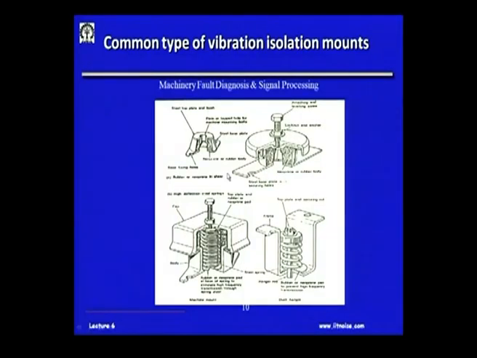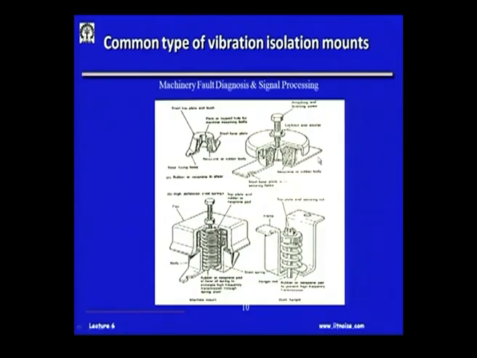Coming back to this figure here, this is how the internal structure of a vibration isolator looks. This is a steel base plate, and here there is a neoprene rubber body which gives stiffness and sometimes also gives some inherent damping.